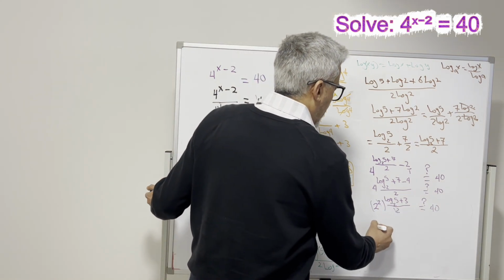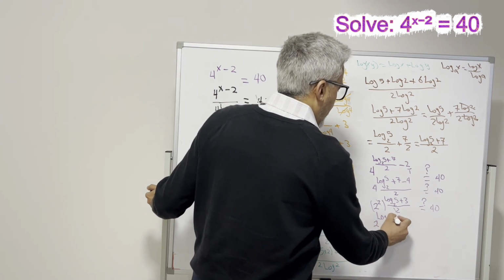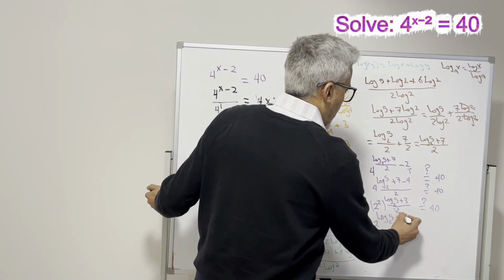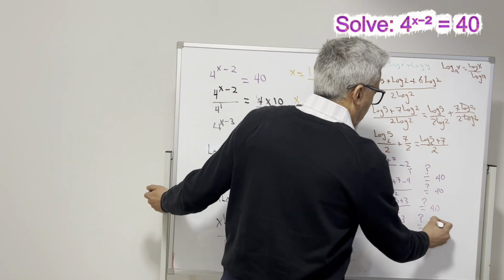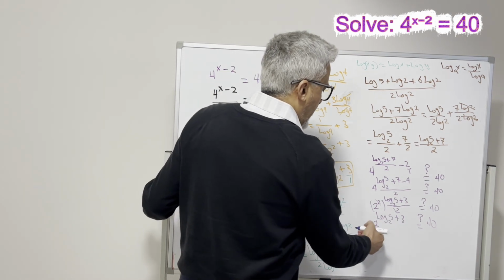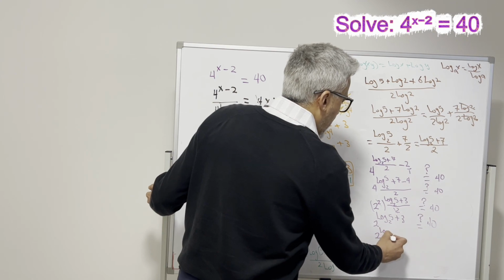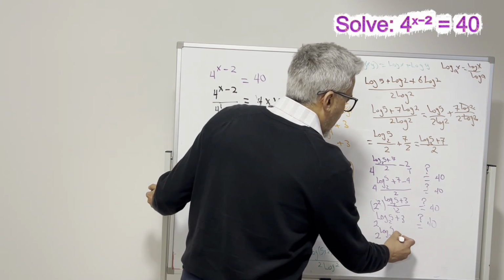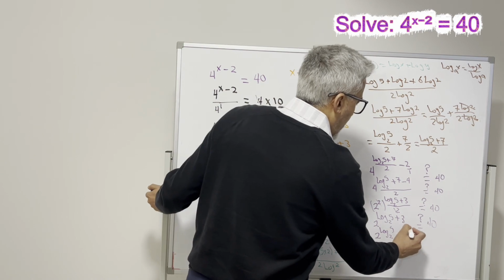And we're going to have 2 to the power of 2 log base 2 of 5 plus 3, and does that equal 40? Now we have to break this down. This is going to be 2 to the power of log base 2 of 5 times 2 to the power of 3.